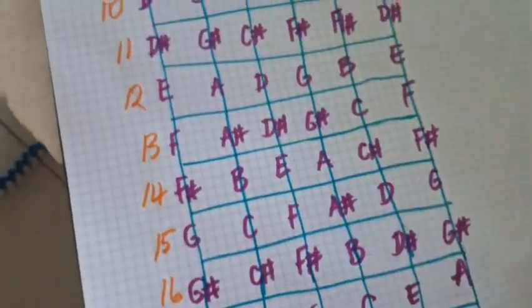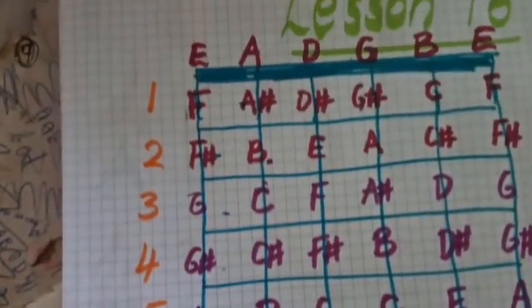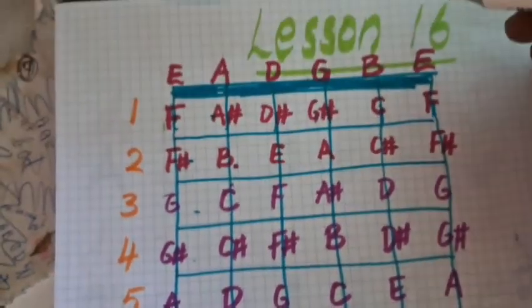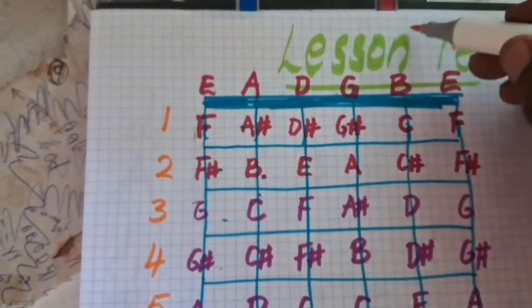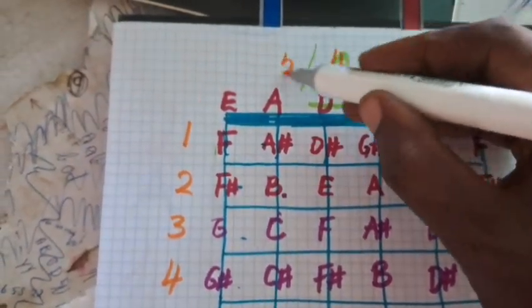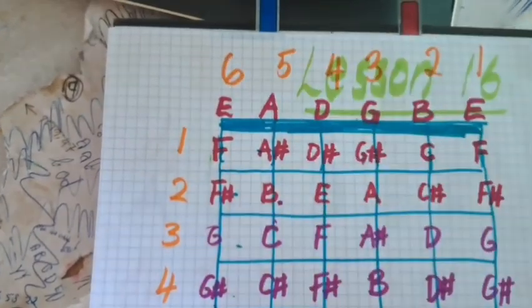The guitar could have more than this. And this is our string. This is our string 1, string 2, string 3, 4, 5, and string 6.